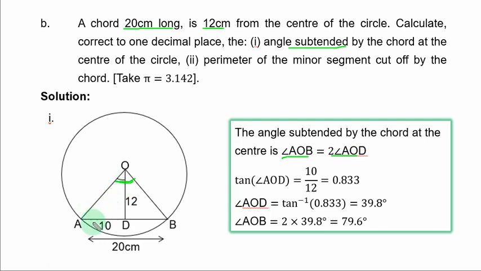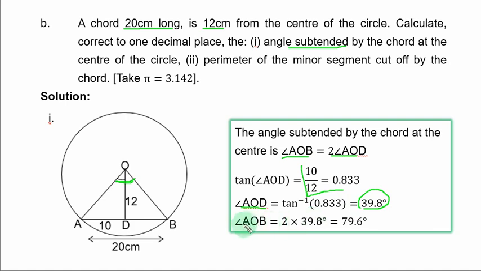Now you have opposite and adjacent, so that is tan. Tan of angle AOD is equal to 10 over 12, and that is 0.8333 and so on. To get angle AOD, you take the inverse of tan 0.8333, and that is 39.8 degrees to 1 decimal place.